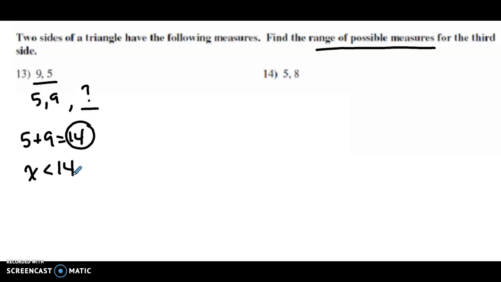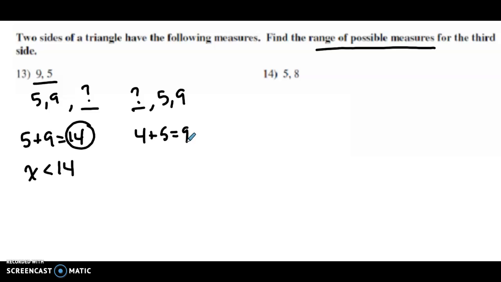Okay? Now, let's look at 5 and 9 again. Now we said that 5 is one of the smaller sides, but 9 is the largest side, and the side we're missing is the other smaller side. Well, in that case, I know that 4 plus 5 equals 9, but I know that my sum has to be greater than the largest side.